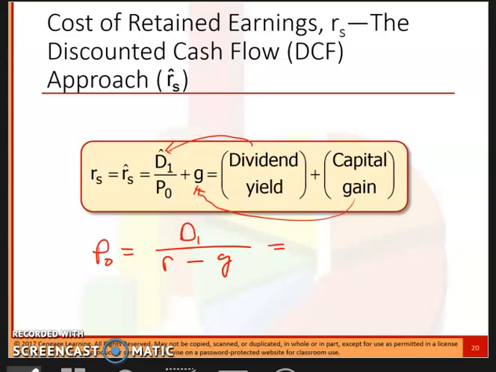This is also equal to D0 times 1 plus G divided by R minus G. So we need to pay attention to whether that dividend, when we're solving these problems, was just paid, or last year's, which would be D0, so we'd have to grow it, versus the dividend in the coming year.